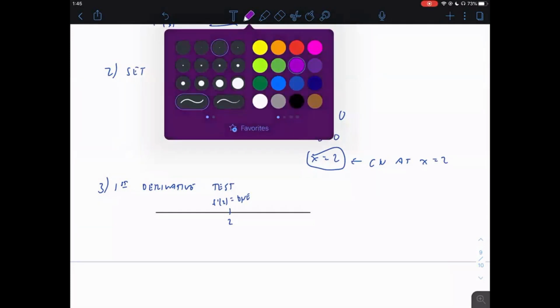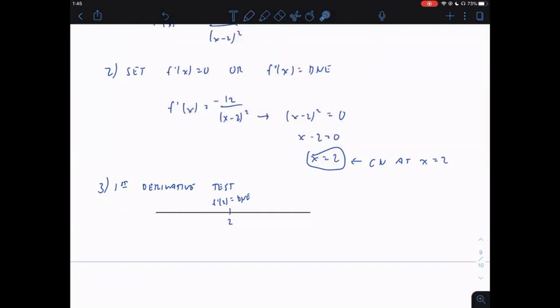And just like we have done before, pick a test point before and after our critical number. Let's pick any test number. I'll just do 0 and then 3 here. Again, we take these test points and plug them into the first derivative. Plugging in 0 into this function, negative 12 divided by (0 minus 2) squared, that's going to give us negative 12 divided by 4, which is just negative 3.